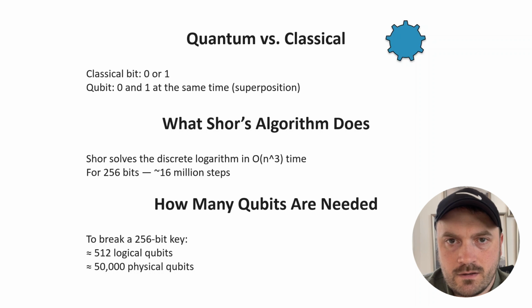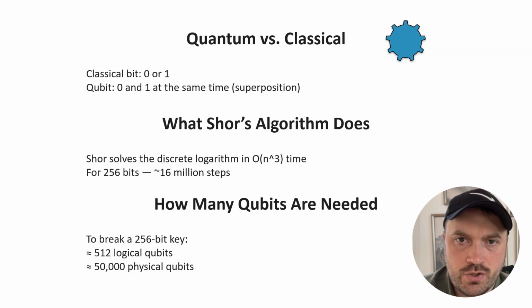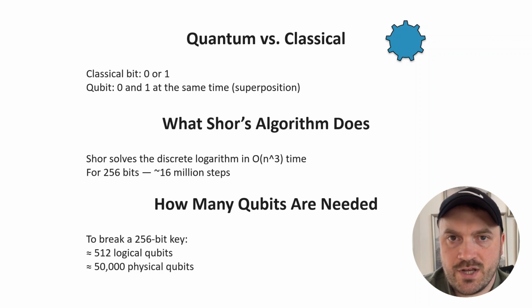On a classical computer, finding D from P and G requires brute forcing values. This has exponential complexity. Shor's algorithm on a quantum computer can find D in polynomial time.